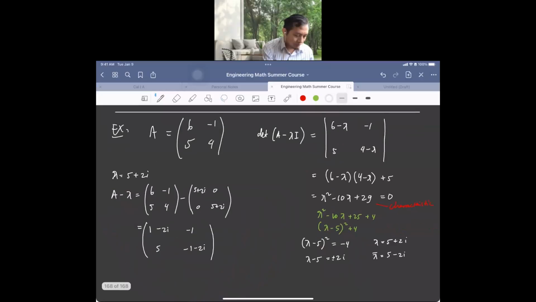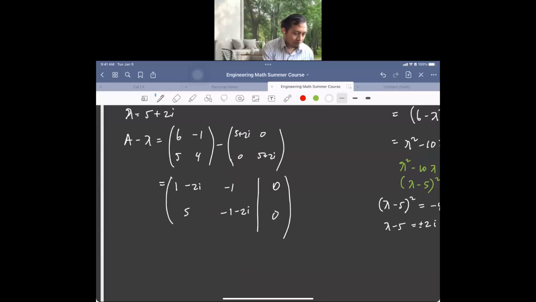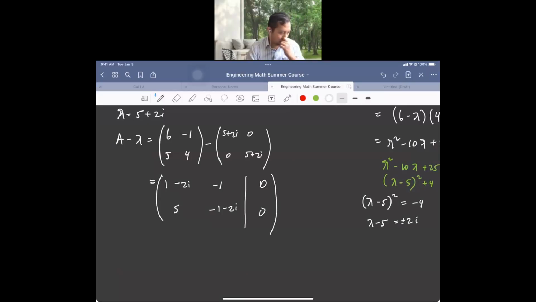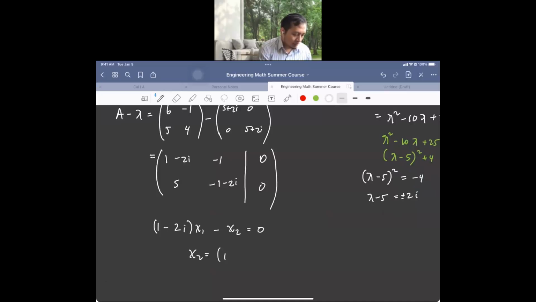Maybe let me write here so we don't confuse it with the right part. Okay, so we solve this through the row echelon form. So we have x2 is 1 minus 2i times x1, right?